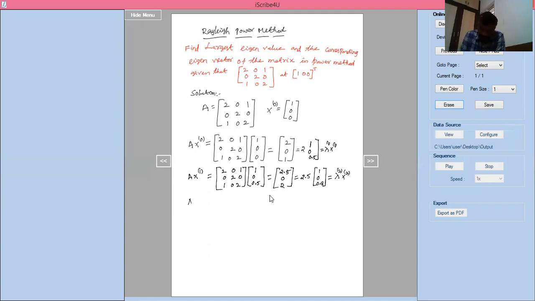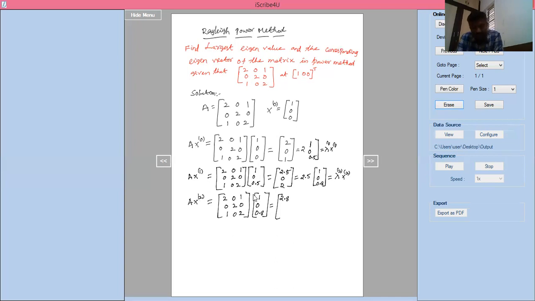Now take A x2, where A is 2, 0, 1, 0, 2, 0, 1, 0, 2 and x2 is 1, 0, 0.8. If you multiply this, 2 into 1 is 2, plus 0 into 0, plus 1 into 0.8, you get 2.8.